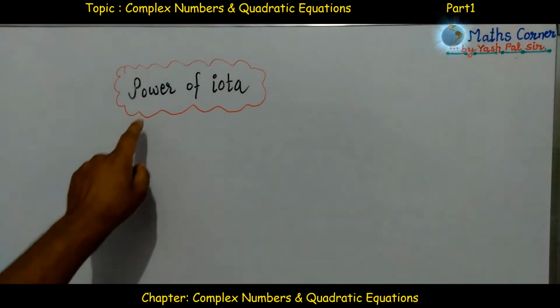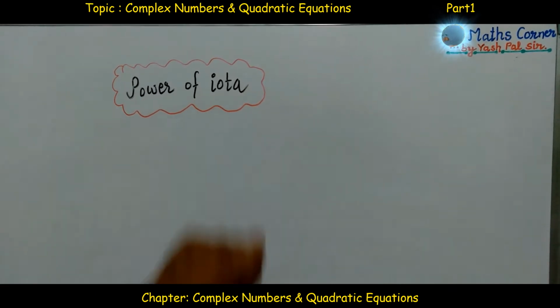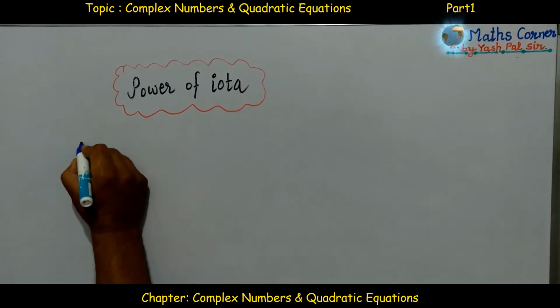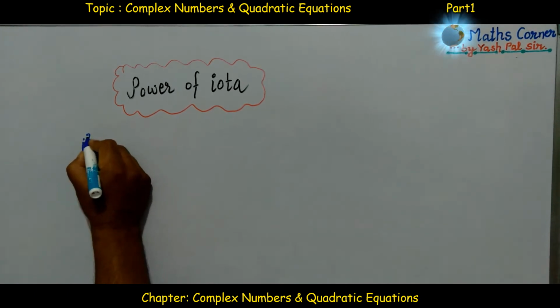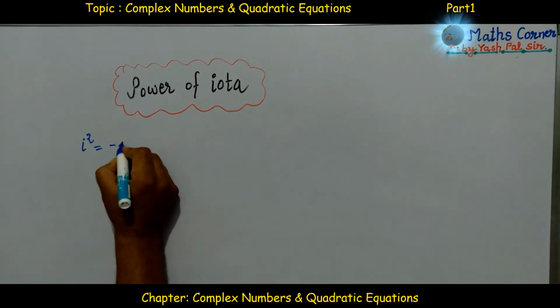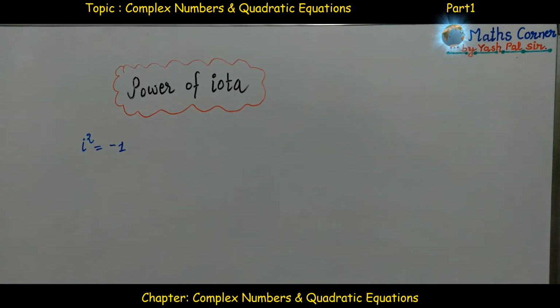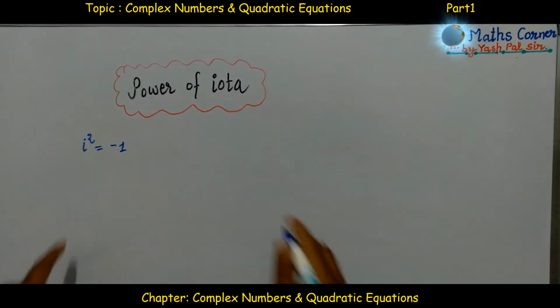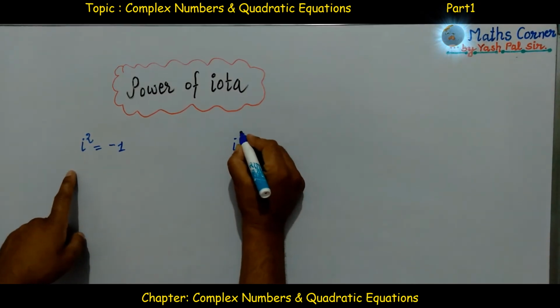Now we are going to discuss powers of iota. We have already seen that iota square is minus 1. Now let us increase the powers of iota. First we take iota raised to power 3.